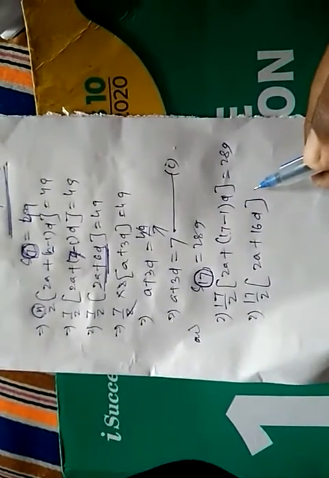Here n is 17, so n by 2 means 17 by 2, into 2a plus 17 minus 1 into d, that is 2a plus 16d, equals 289. Taking 2 common, 17 into a plus 8d equals 289, so a plus 8d equals 289 by 17, which is 17. So a plus 8d equals 17, equation number 2.